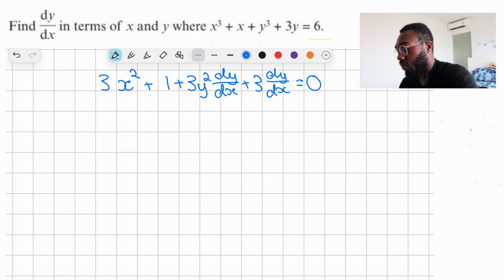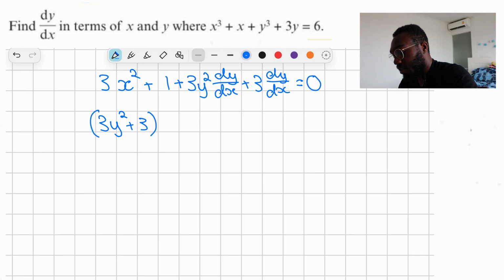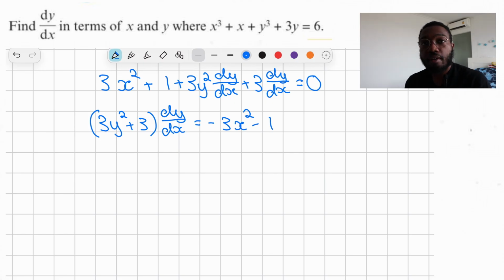So now at this stage, we have this 3y squared plus 3. Okay, that is all dy over dx. And then that is equal to minus 3x squared minus 1.